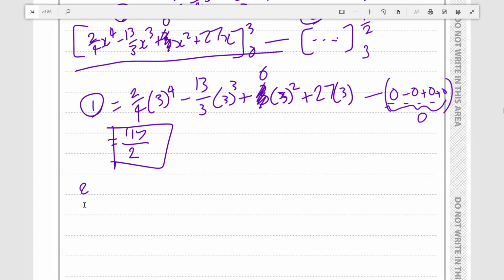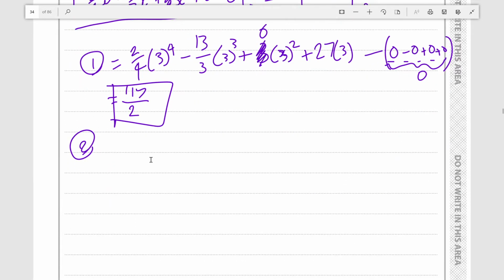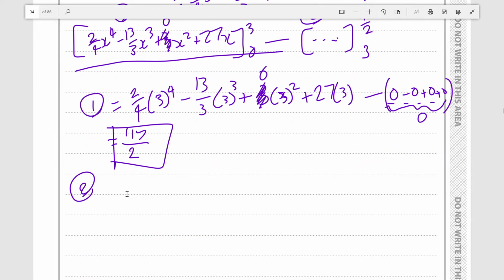And now we will evaluate the second part of the question, which would be the bounds from 3 to 9 over 2 of the expression again.